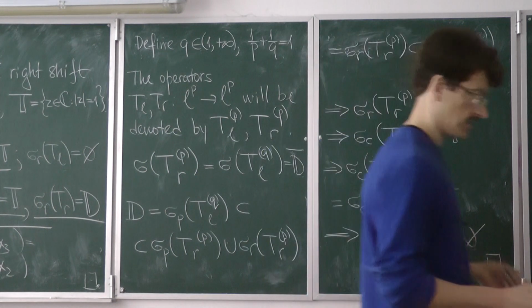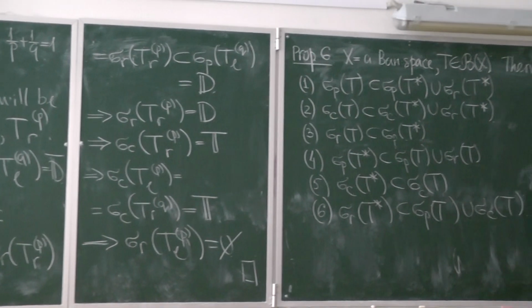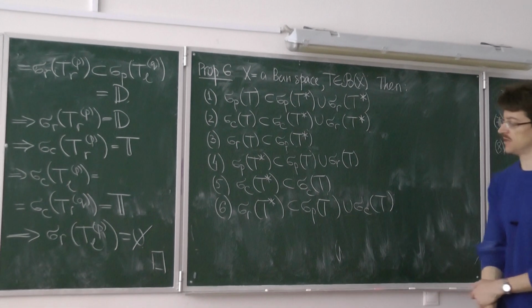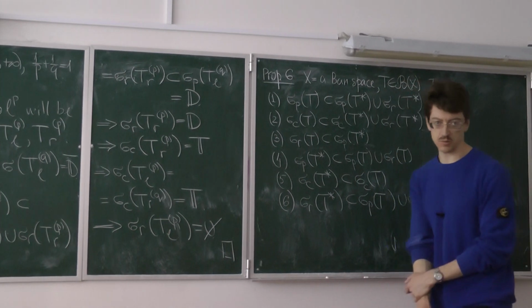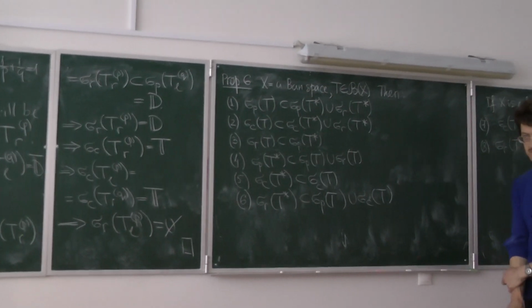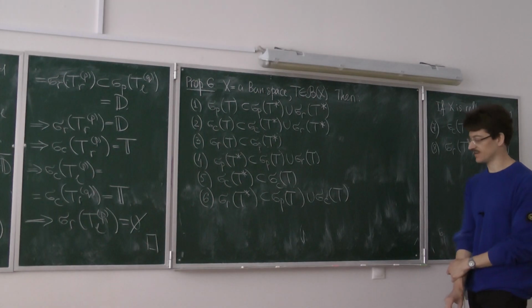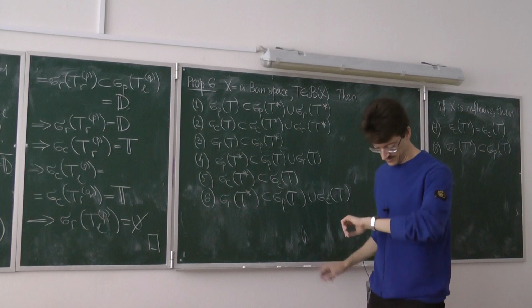Okay, so this is a nice illustration of this duality trick. By the way, it's interesting and instructive to try to prove this result, I mean proposition 7, without using duality. This is possible, but this is not so easy.